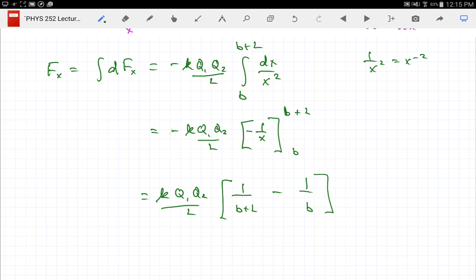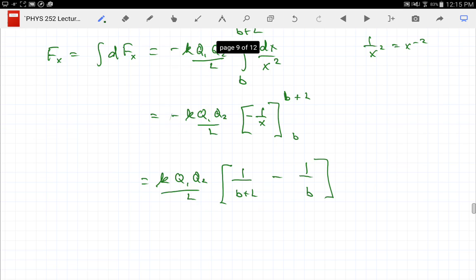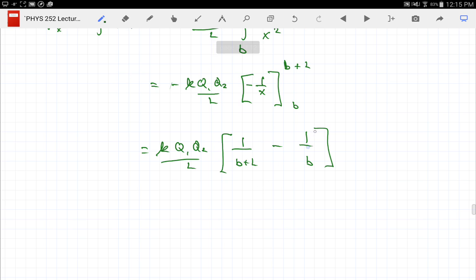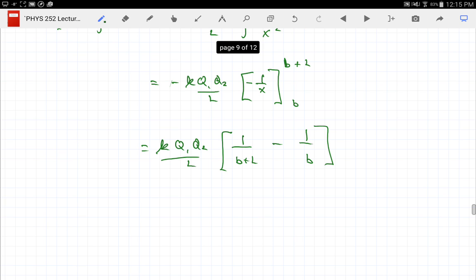Find a common denominator, I guess. That's right, Michael. Find the common denominator. The simple way of finding the common denominator is, well, these aren't factorable anyway, right? So we're just multiplying this by b over b and this by b plus L over b plus L.